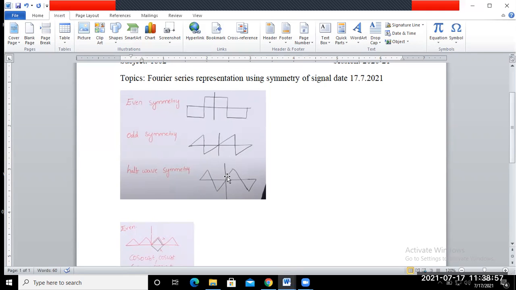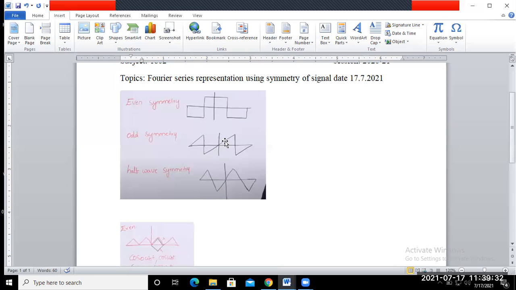If you take the half waveform, shift it from this point to this point, and take the reverse, it overlaps on this waveform. So this figure number 1 follows the conditions of even and half wave symmetry.